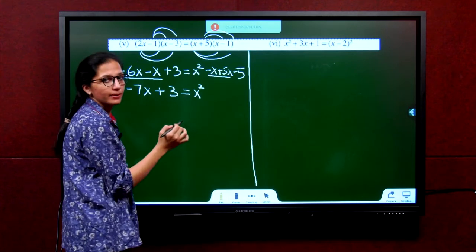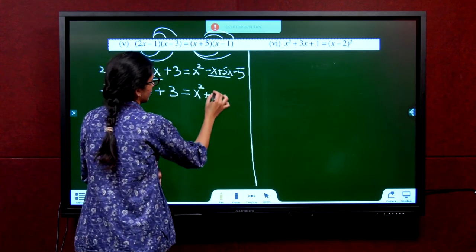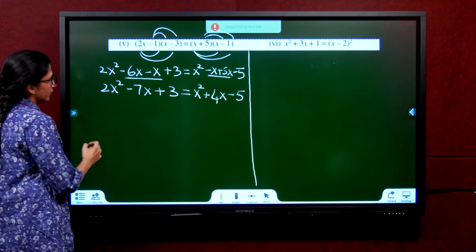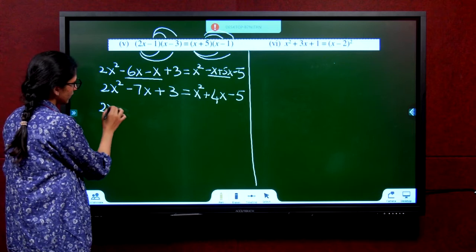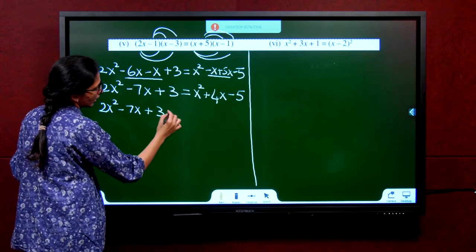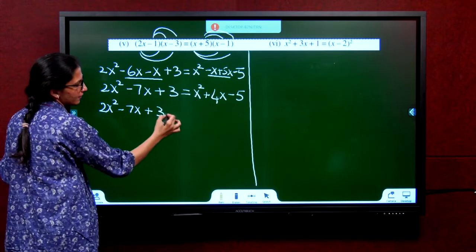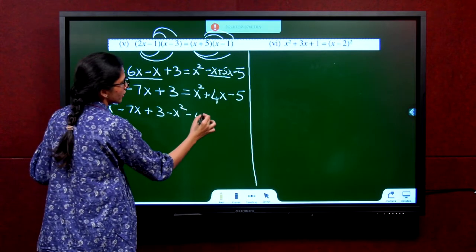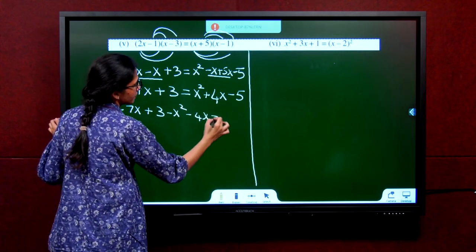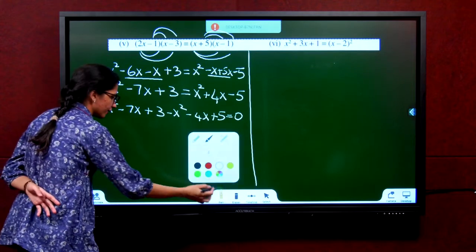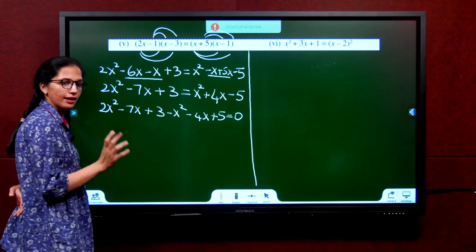Minus 1x plus 5x, plus 4x minus 5. 2x square minus 7x plus 3. Bring one term this side. X square comes first, minus x square, plus 4x comes next, minus 4x, minus 5 comes next, plus 5 is equal to 0. Be careful, take two terms at a time.